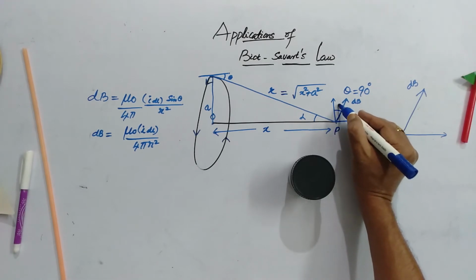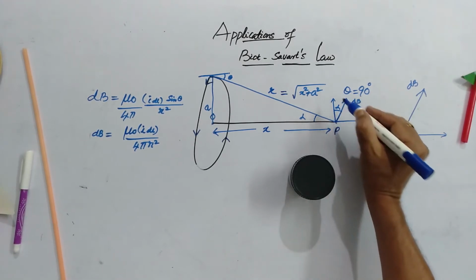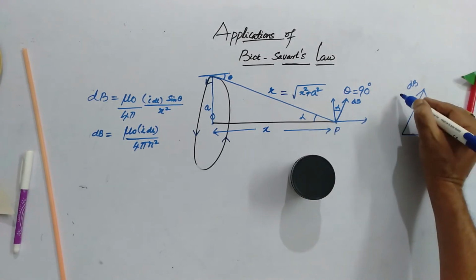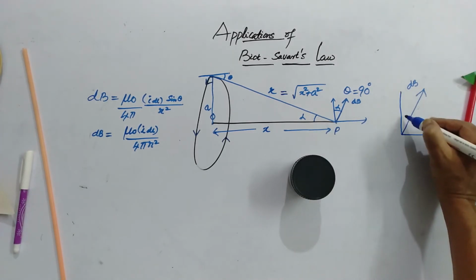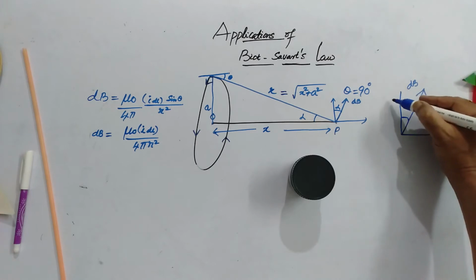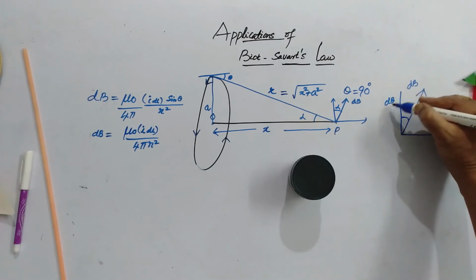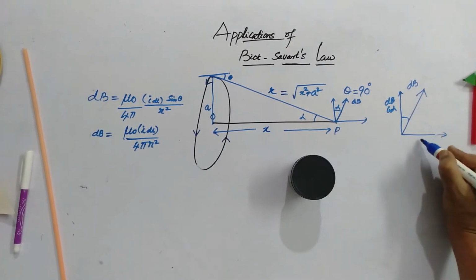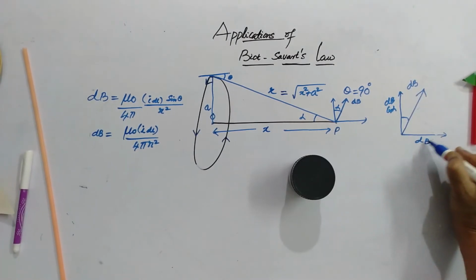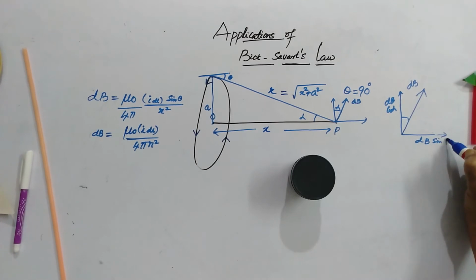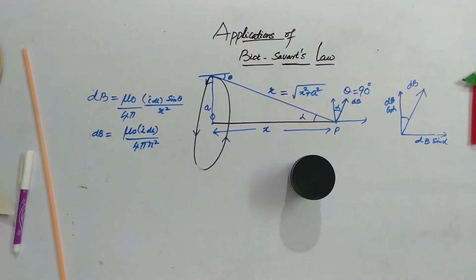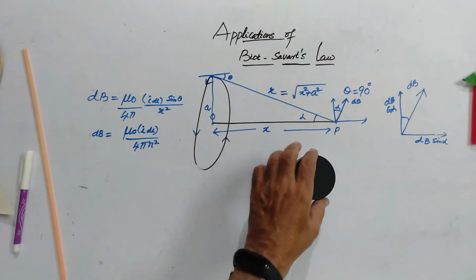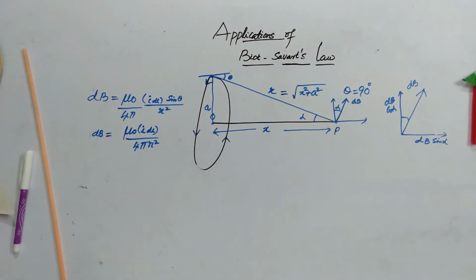Then again it will be alpha. So the perpendicular component is dB cos alpha, and here the parallel component is dB sin alpha. I hope that this is clear.